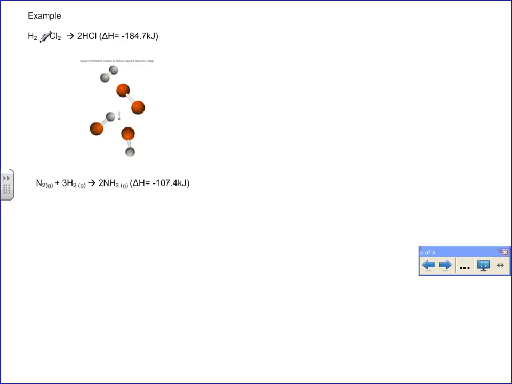So in this balanced equation, I require one hydrogen molecule, so I'm breaking one H2 bond, and I'm breaking one bond in a Cl2 molecule. For the HCl, there are two of them, so I am forming two HCl bonds.